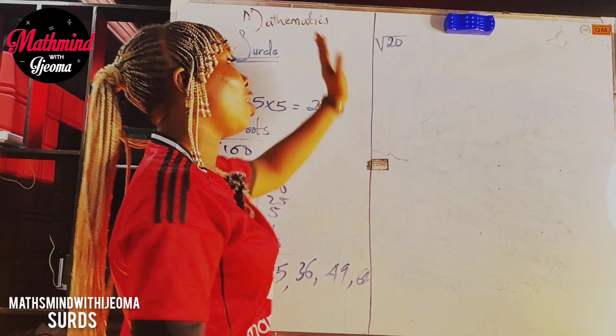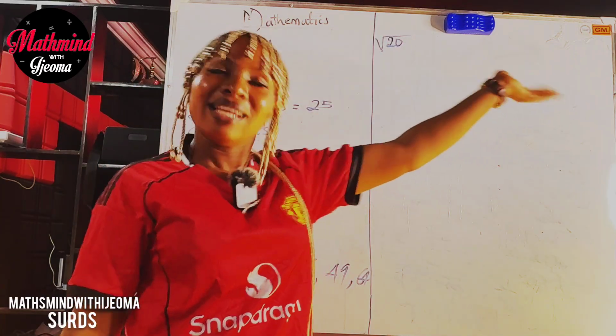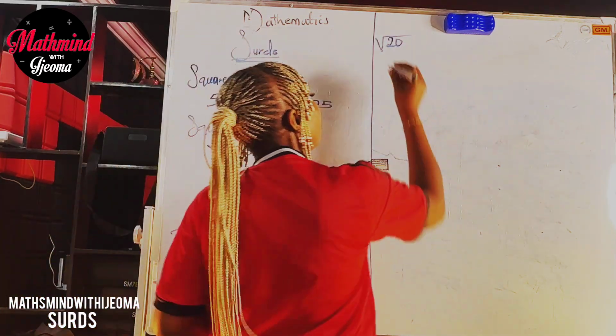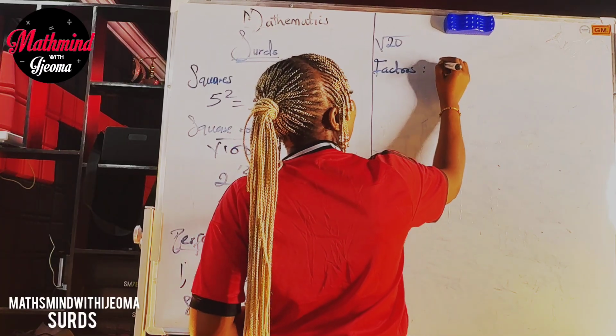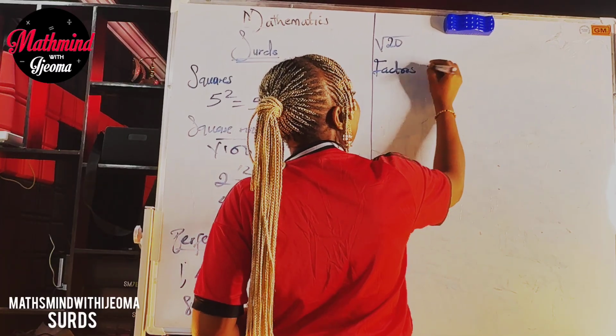Find the factors of this number. Let's list out the factors of 20.